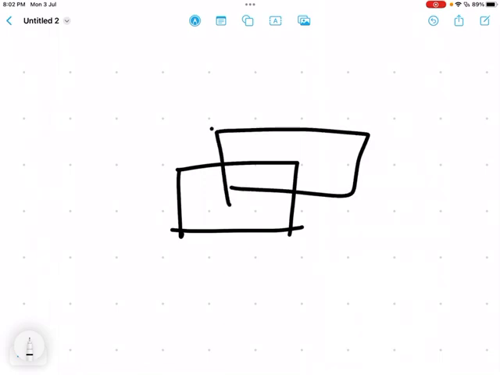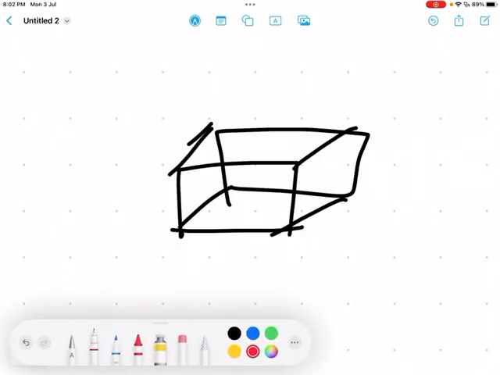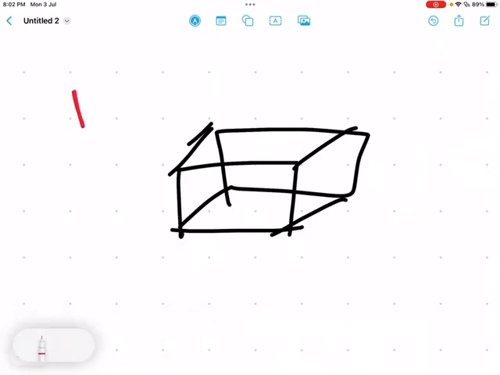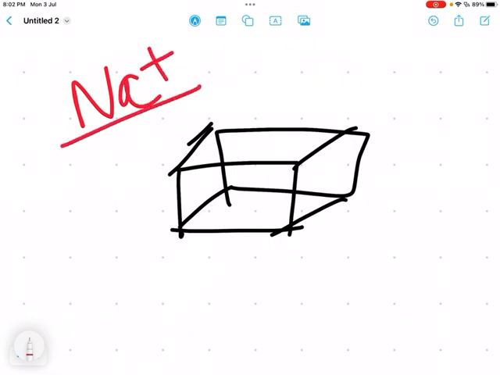Thus, the outer shell of electrons of sodium would occupy the corners of the cube, covering like 1, 2, 3, 4, 5, 6, 7, 8, all 8 corners.